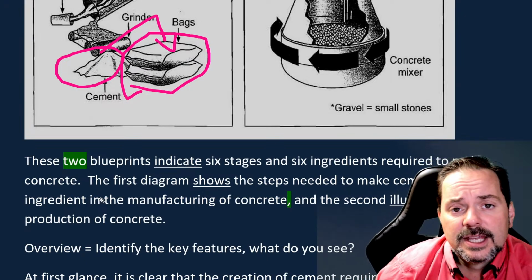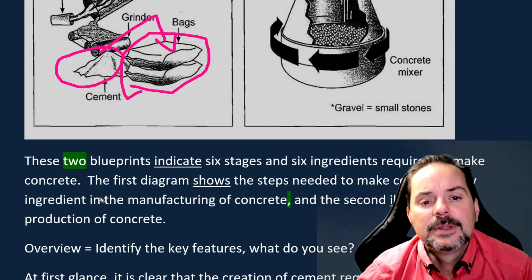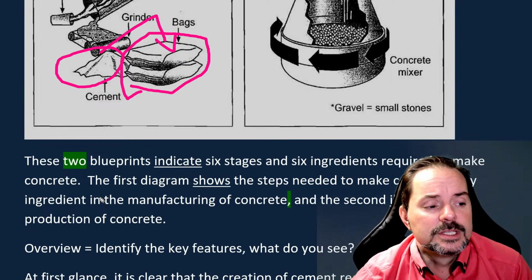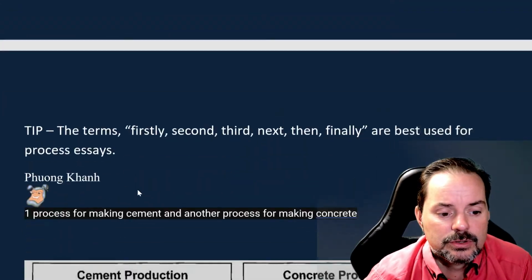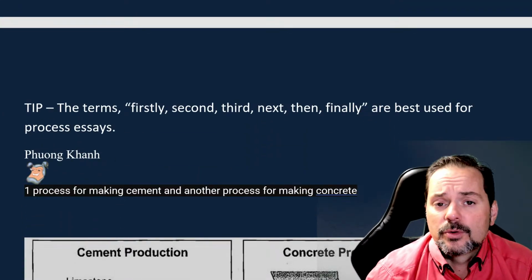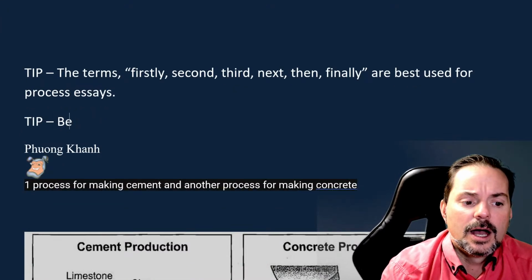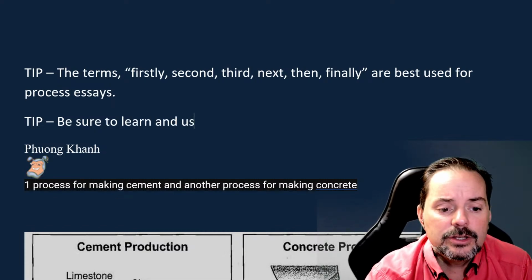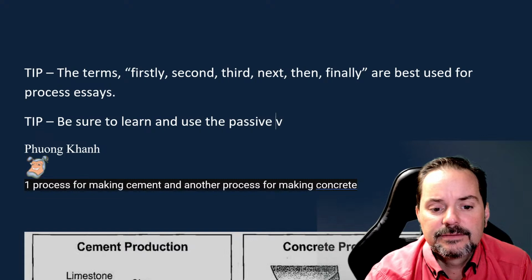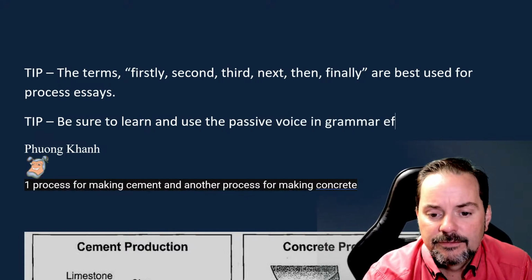So we're using the passive voice. It's very important, everybody, that you are comfortable using the passive voice for those high band scores in task 1 and task 2. So here's another tip for you. There's a grammar tip. Be sure to learn and use the passive voice in grammar effectively.